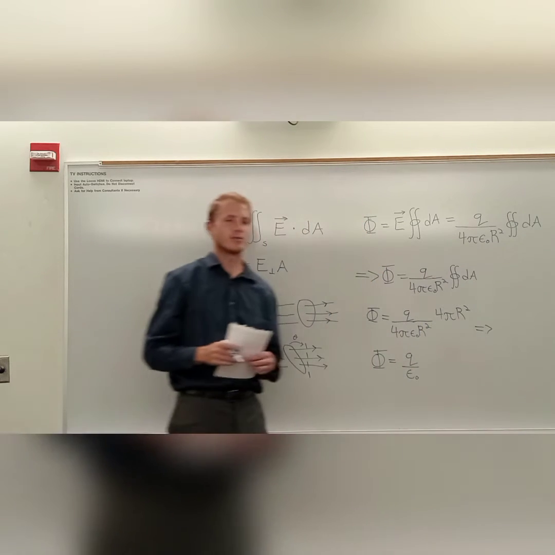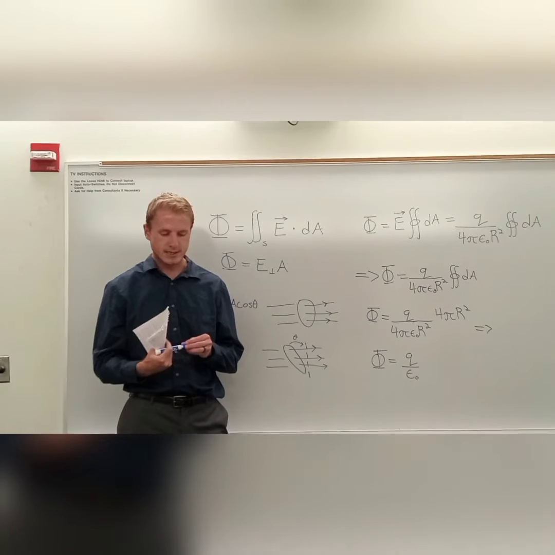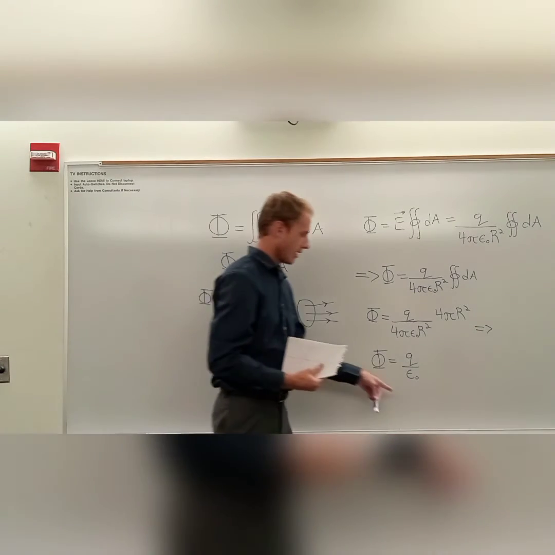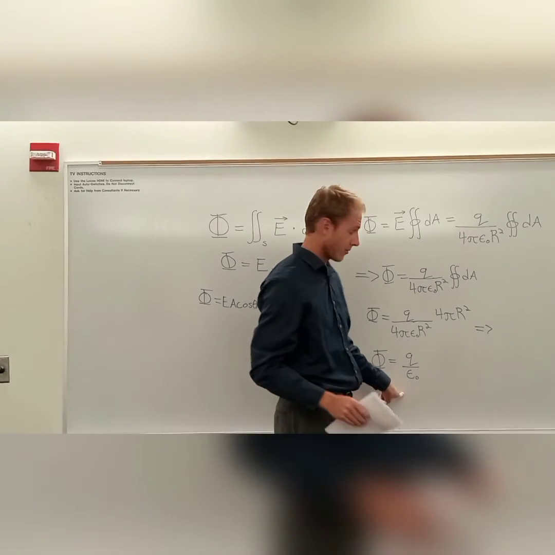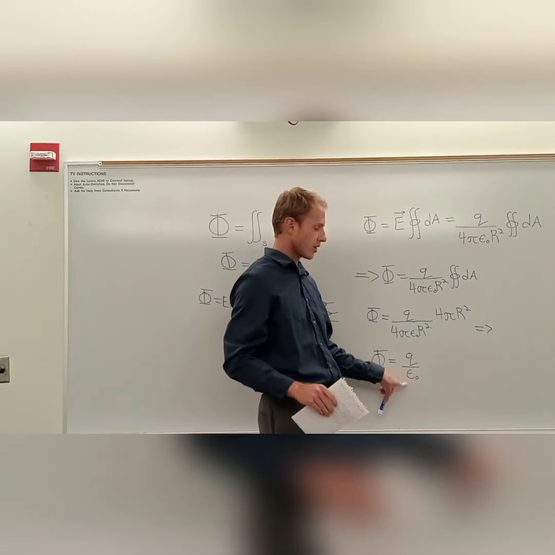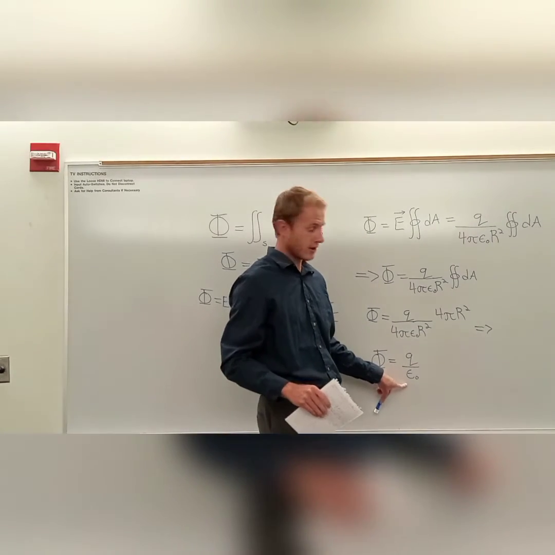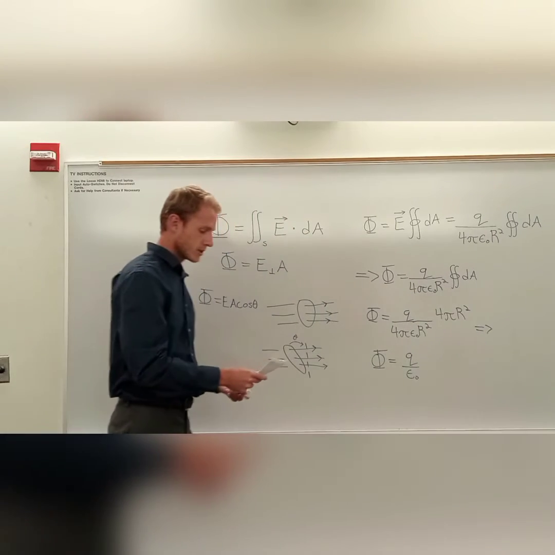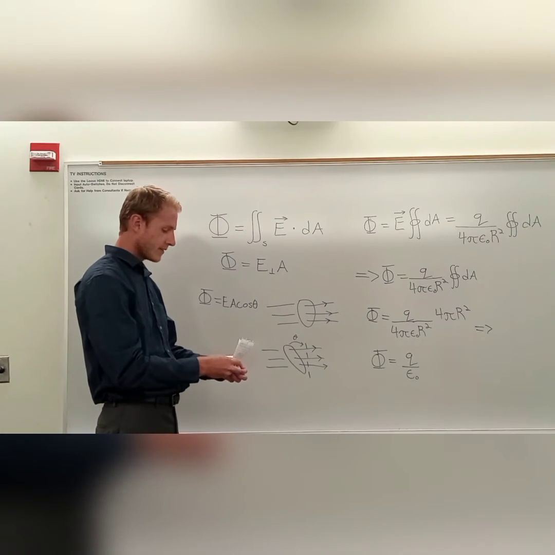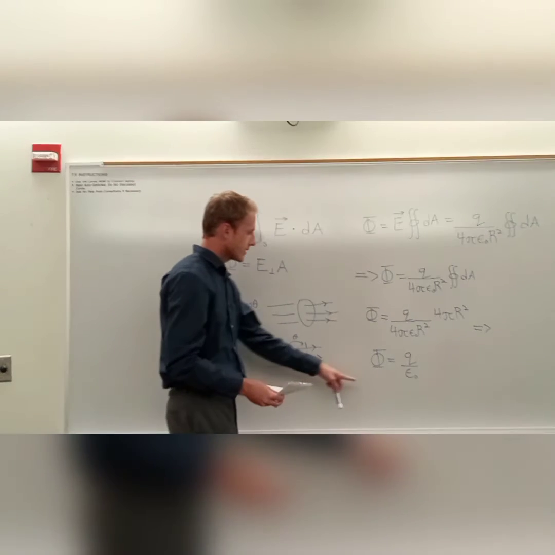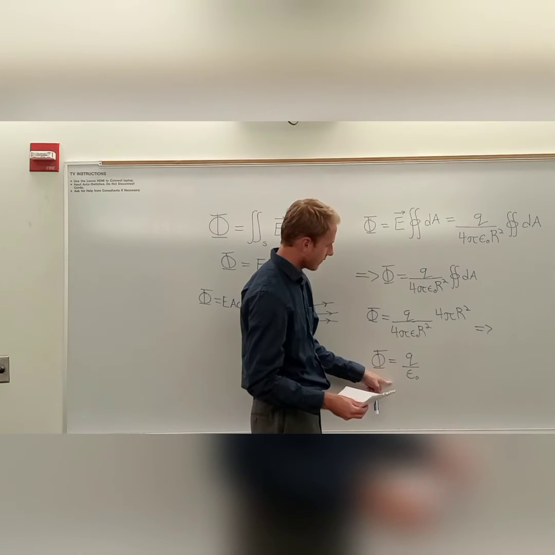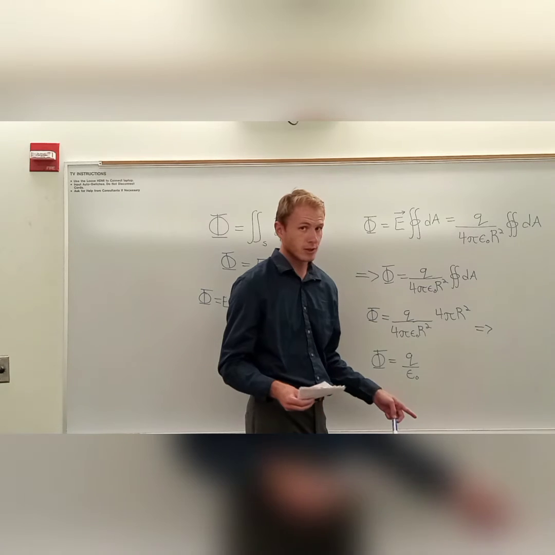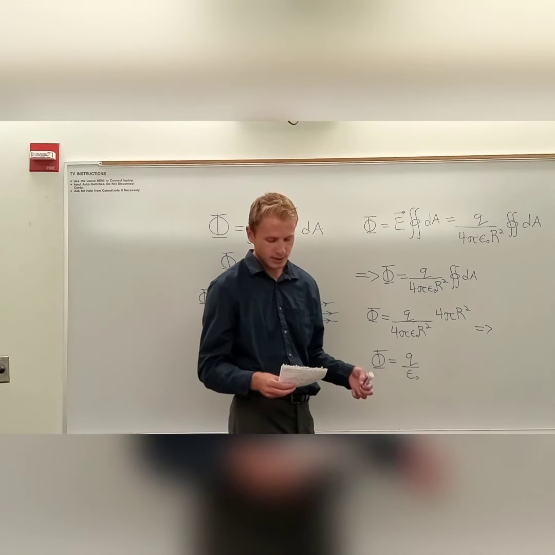And let's just pause right here for a moment. This is a huge result that we're given here. The flux is the charge over the constant, the permittivity of free space. So we have this expression, and this expression for the flux applies to any closed surface that we're given.